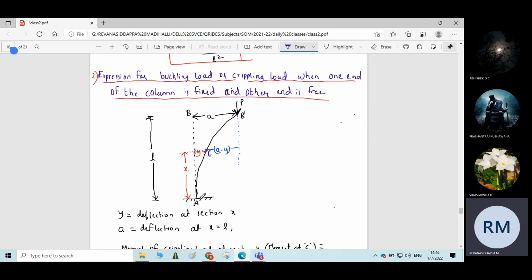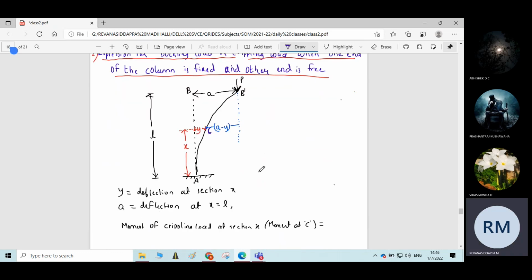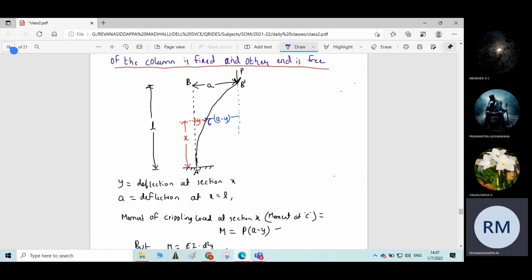Whenever you get a fixed support, at that fixed support you will get 2 boundary conditions. So here at the fixed support, when x equal to 0, y also becomes equal to 0. This is the common condition.